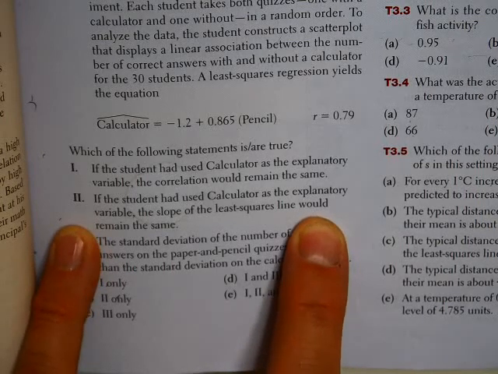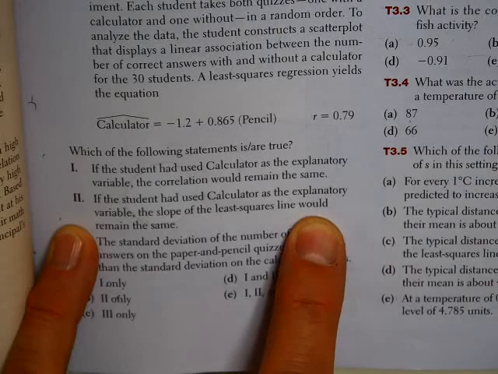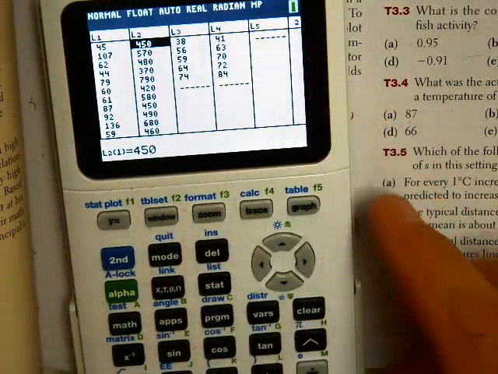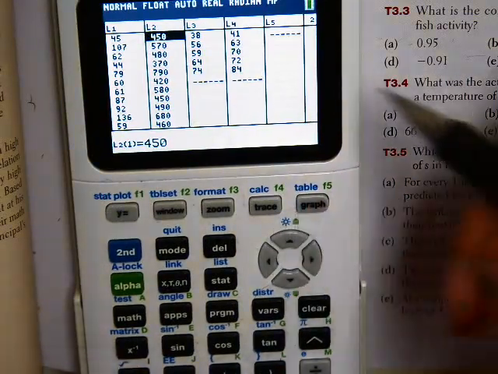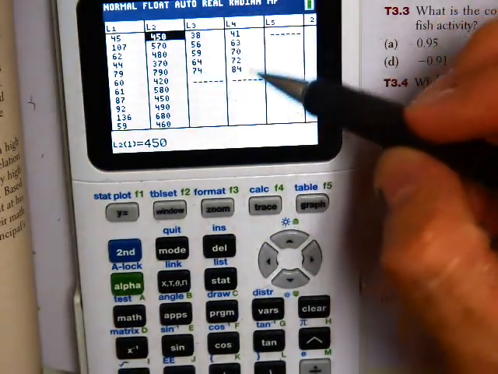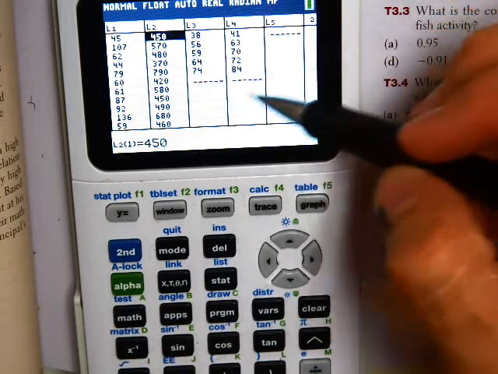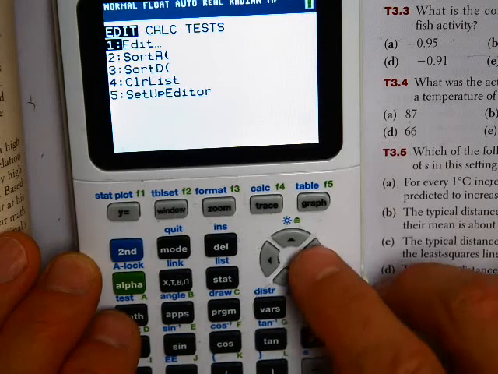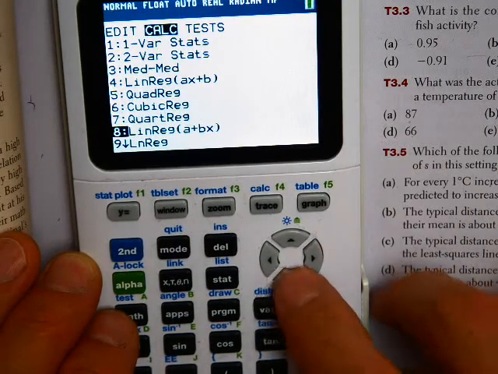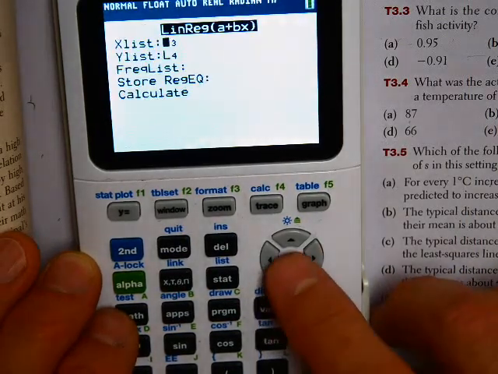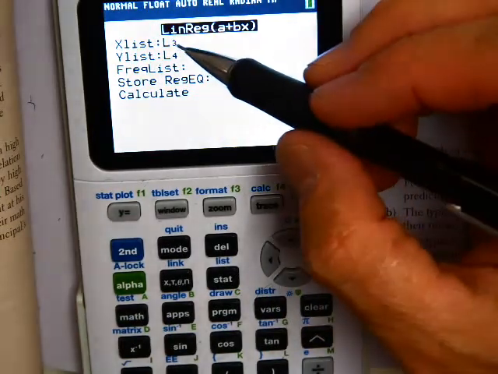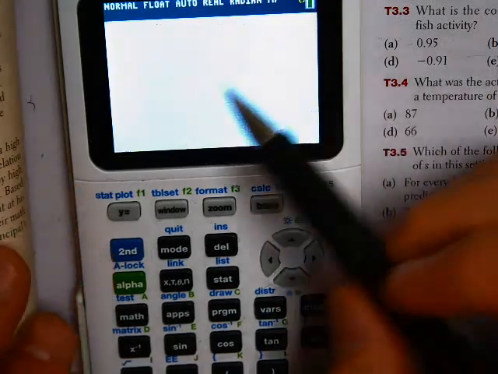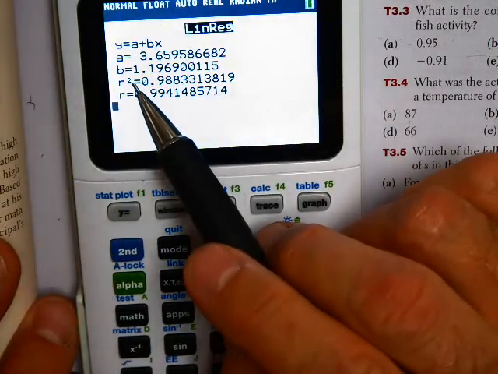No. I think perhaps I have some data here to show that. Sometimes it helps to just look at some data. This is our Archaeopteryx data that we use throughout most of this chapter. So I'm going to use L3 and L4, and I'm going to show you that if I calculate the line of regression using that data, where this would be x and y, what I really want to look at is the slope, and that's given here in this b value.